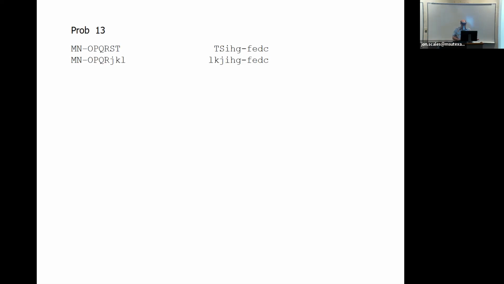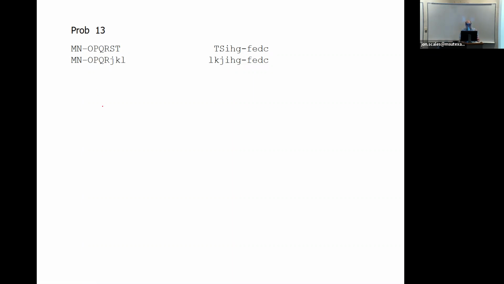So if you had chromosomes like the question showed here, you have a translocation. Part of this chromosome is over here, and part of this chromosome is now over here. So what type of translocation would that be? There's three choices. Reciprocal.